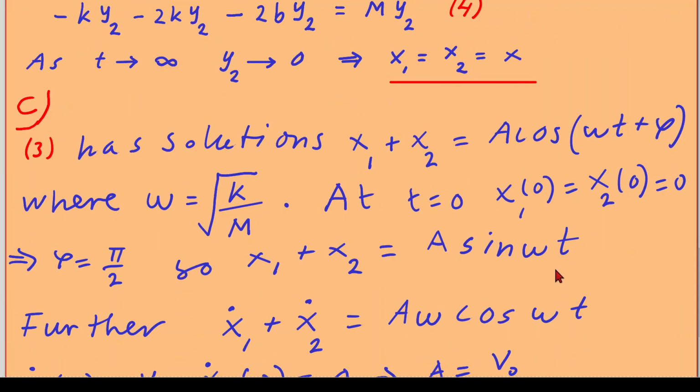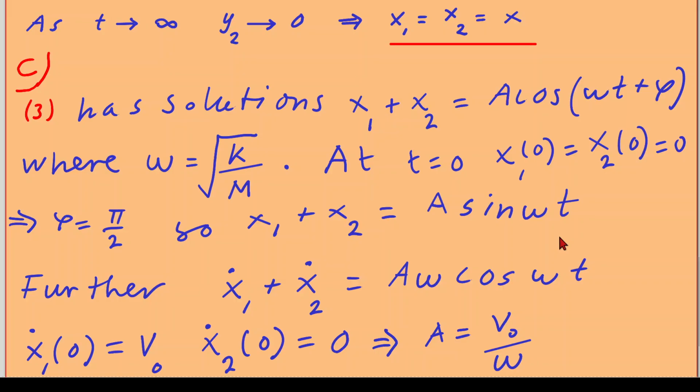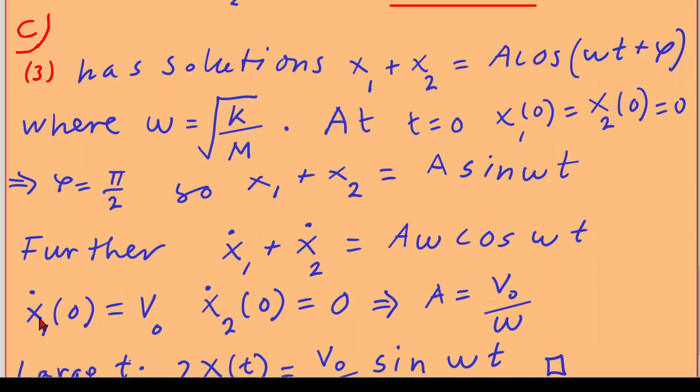And then the problem text is telling us something about the velocity of point 1 at t equals 0. So let's differentiate this one. And what you get is this. And then, yeah, at t equals 0, the left mass has the velocity v naught to the right, while the second mass, its velocity is 0.